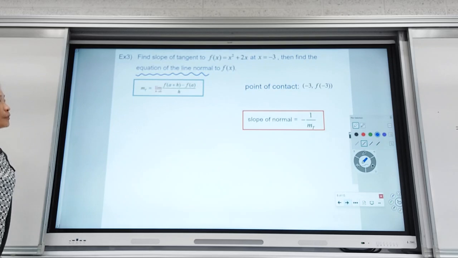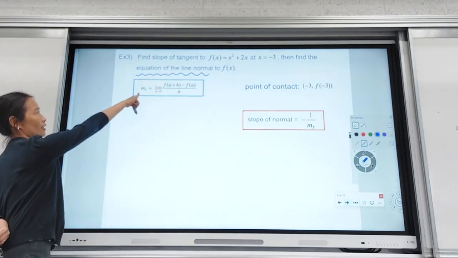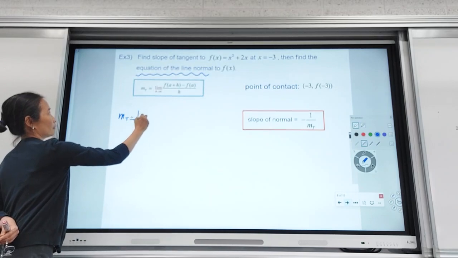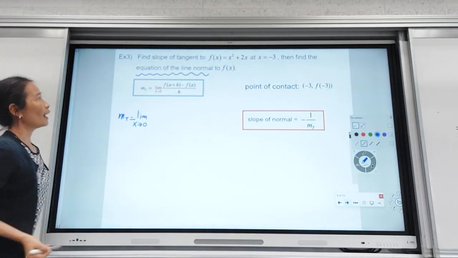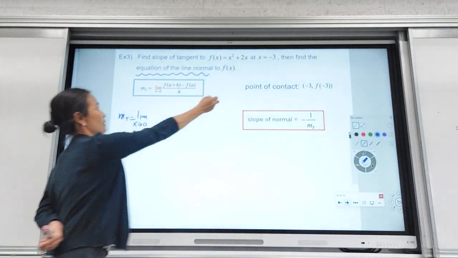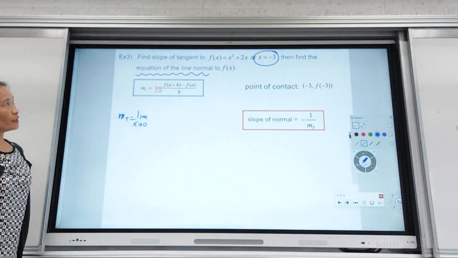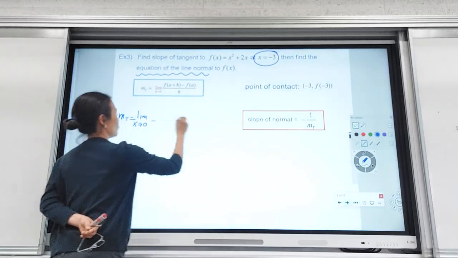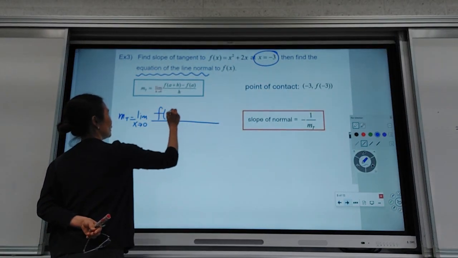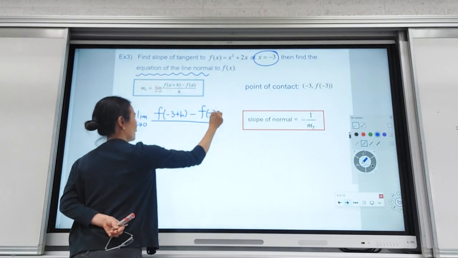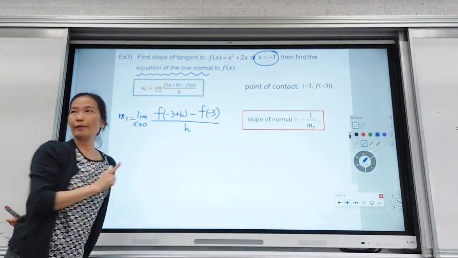Alright, first up, we need to find the slope of the tangent using the difference quotient. Because this is the point of contact, x equal to negative 3. So I'm going to use f of negative 3 plus h minus f of negative 3, divided by h. Are you okay with this?